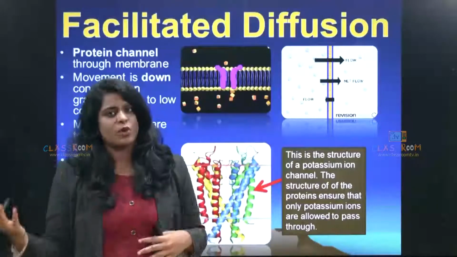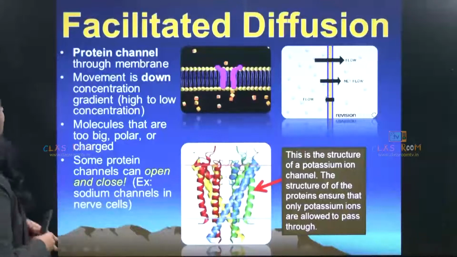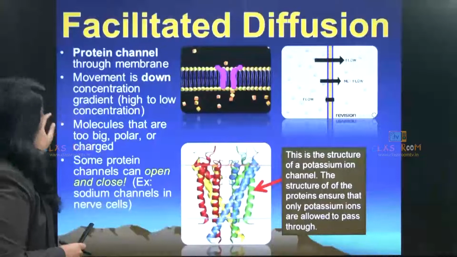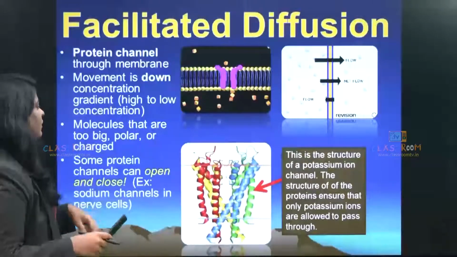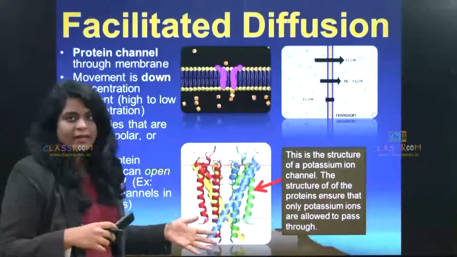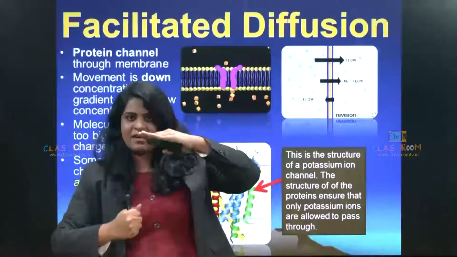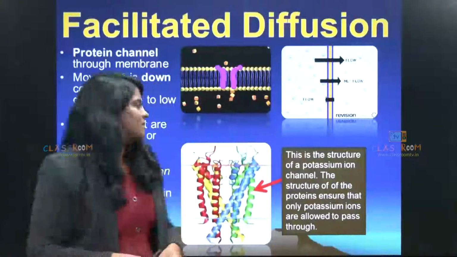It's not going to allow sodium. So that is what is meant by facilitated diffusion, where movement is down the concentration gradient, again high to low, and the molecules that are too big and charged cannot get in, because suppose this is too big, it won't go inside, right? So only the ones which can move inside are the ones that are going to go inside.